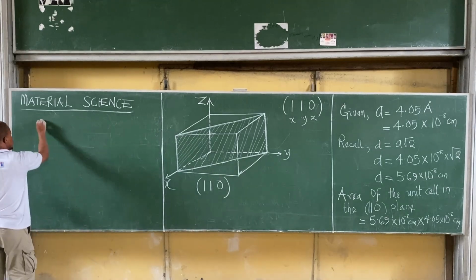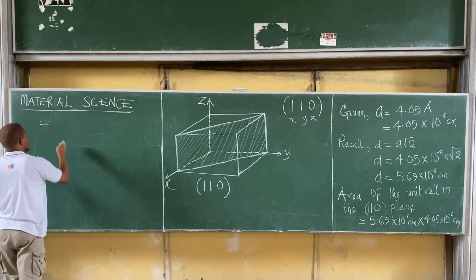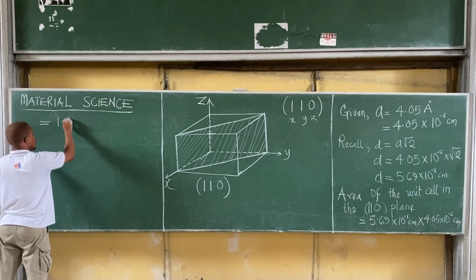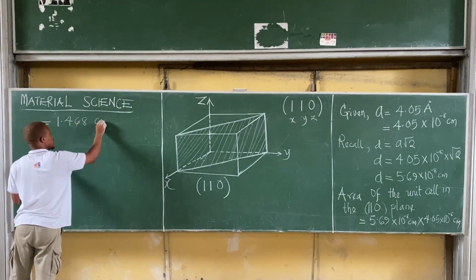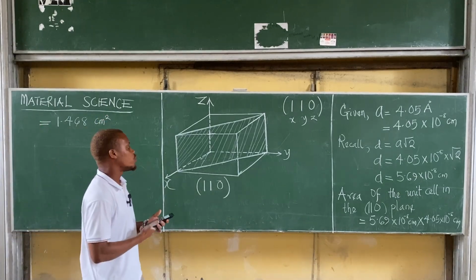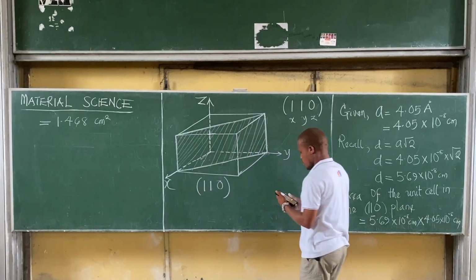And this gives us 1.468 centimeter square, right? That is the area of the unit cell in the 110 plane.